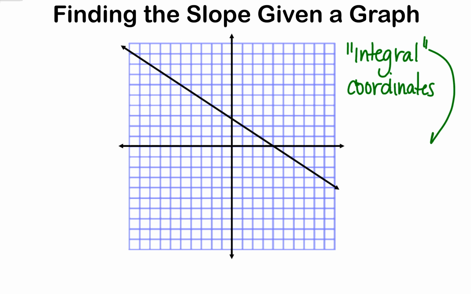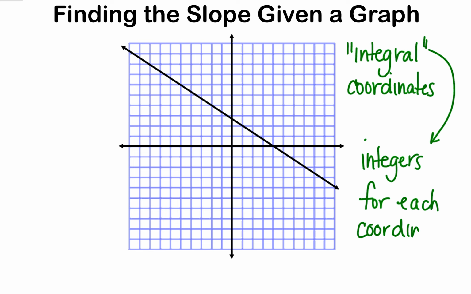And what that means is that I have integers for each coordinate of the graph. Okay, so what I'm looking for is two integral coordinates. I see one here. I also see one here. So that means it goes cleanly through.